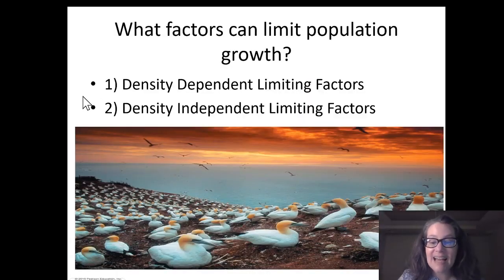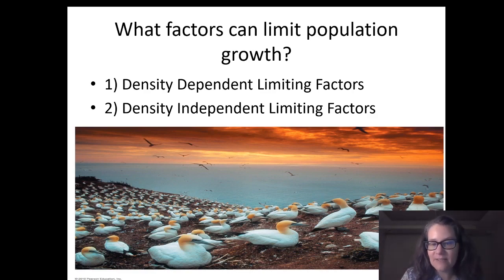Now, what kinds of things can slow growth or cause the limit in your population growth so that your numbers slow down at that carrying capacity? Well, there are a couple of different factors. Density dependent limiting factors can limit the size of a population due to its density, and density independent limiting factors can also limit the size of a population.